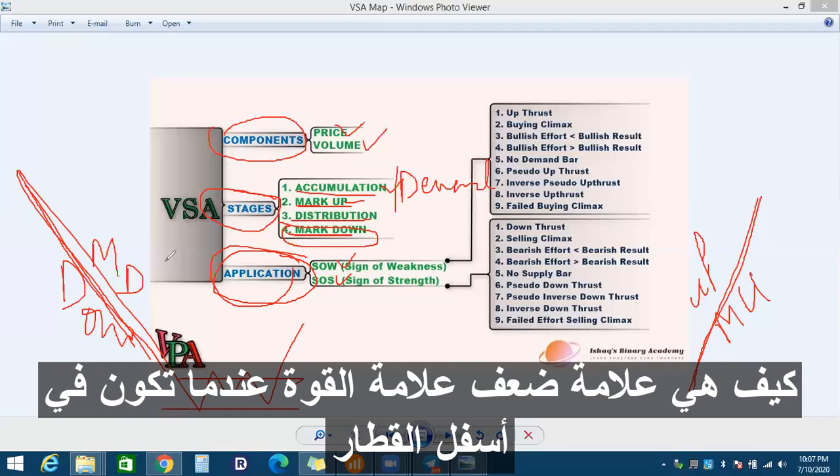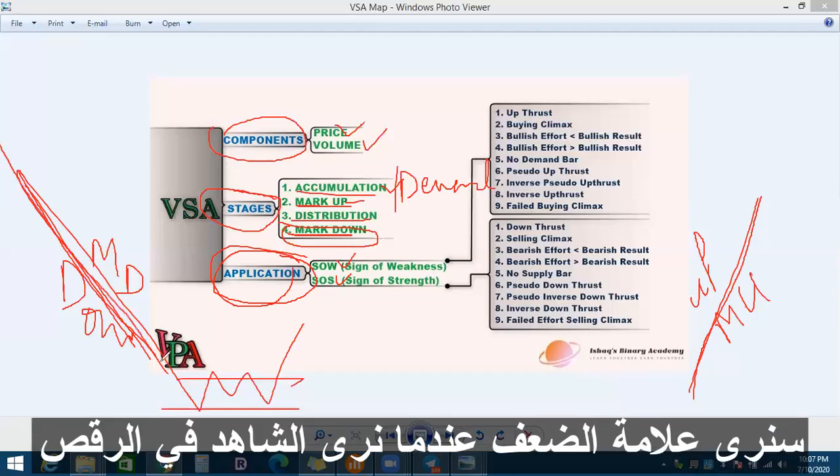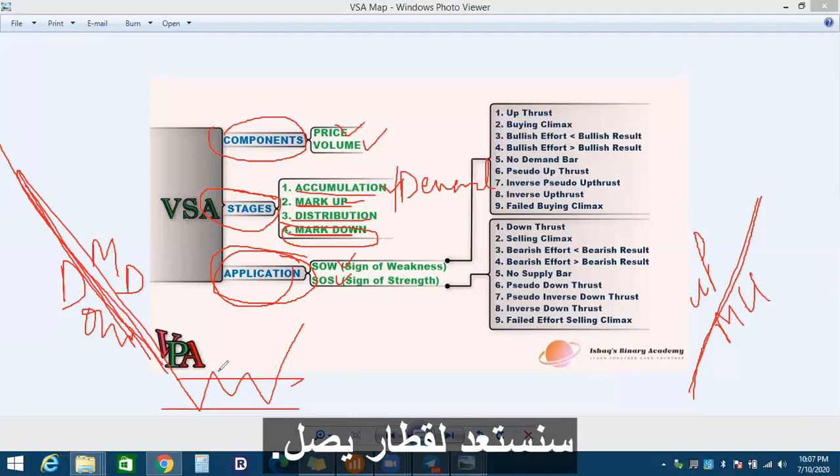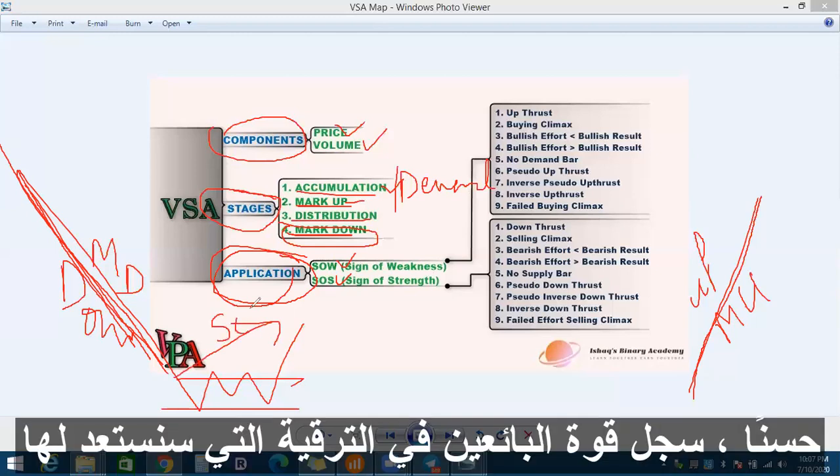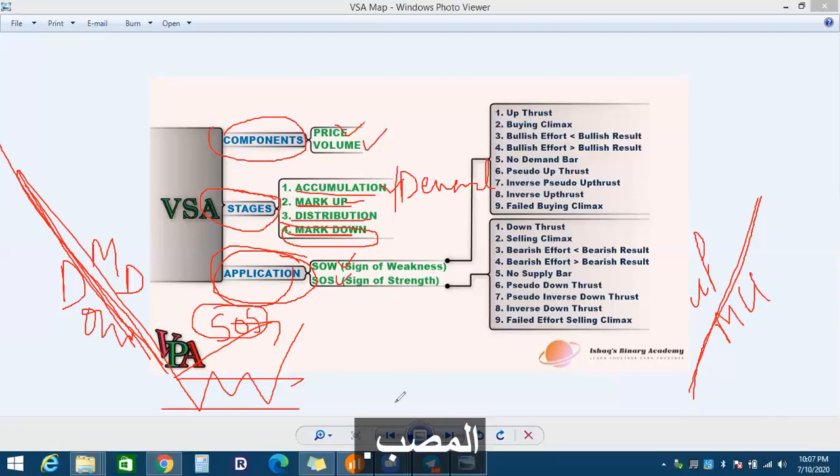When in a downtrend we see the sign of weakness, we prepare for the uptrend. When we see SOS, the sign of strength of the sellers in the uptrend, we prepare for the downtrend.